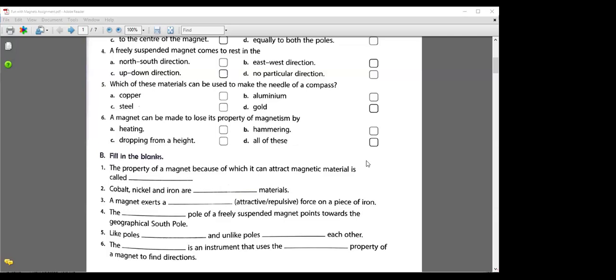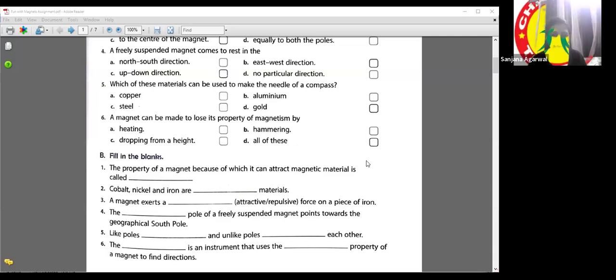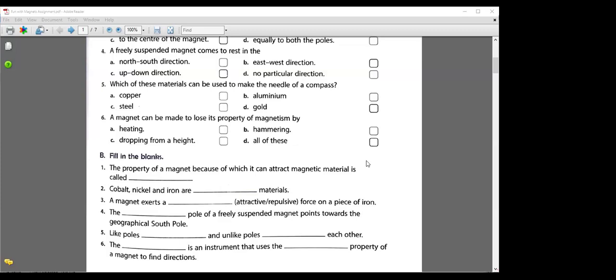Attraction is not right. We do not call that property attraction. Attraction can be in other cases also. Electric charge also attracts, but will a magnetic compass sense the charge property? No. So attraction is a common word. The specific property of a magnet is its magnetic property. Okay, ma'am.